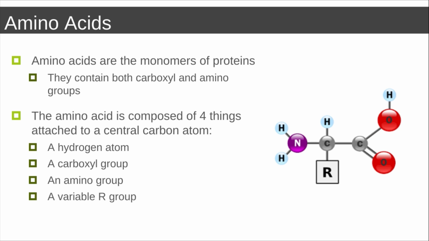Then there's a hydrogen atom bonded at the top, and to the right there's an amino group, NH2, and then on the bottom there's a variable R group. There are 20 amino acids, and these R groups are what make each amino acid unique. So if there are 20 amino acids, it makes sense that there are 20 R groups.